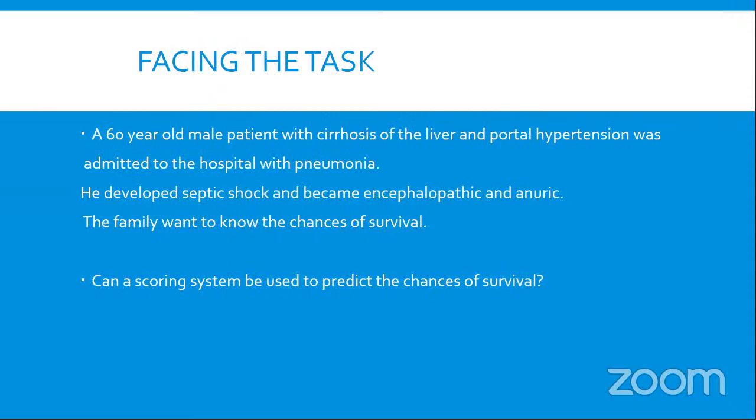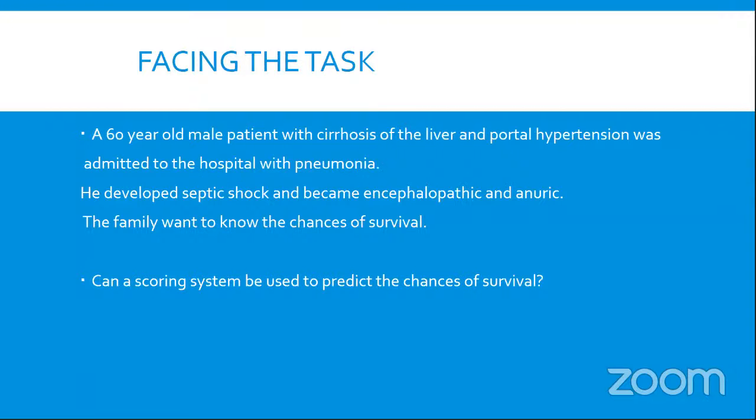Let's look at this case scenario. We have a 60-year-old male patient who has cirrhosis of the liver and portal hypertension, who is admitted to the intensive care unit with pneumonia, community-acquired, hospital-acquired, whatever it is. Then he developed septic shock and became encephalopathic.